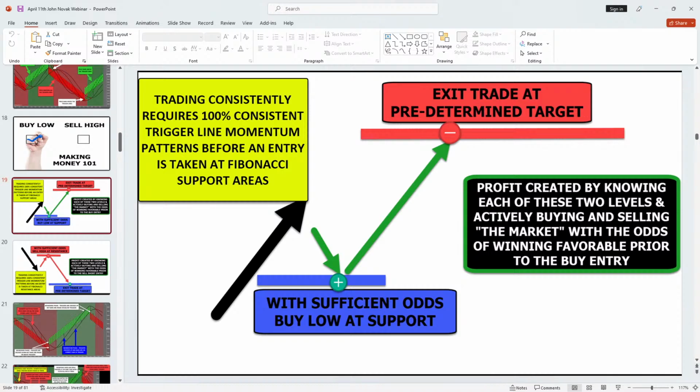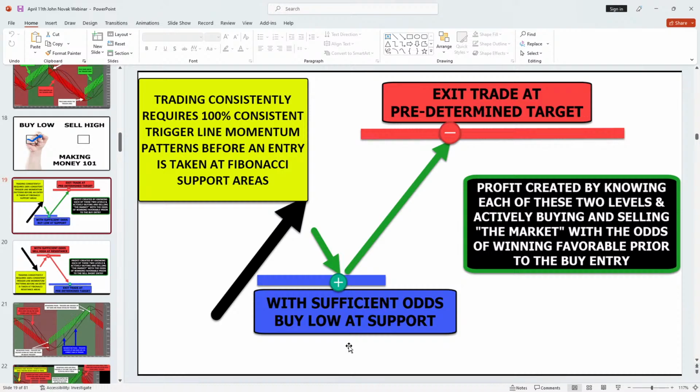You can get a really crappy fill and buy up here if you want and risk 3 times as much and hope you don't lose to make half as much, right? So if you buy the high instead of buying low, you're going to make less and risk more.